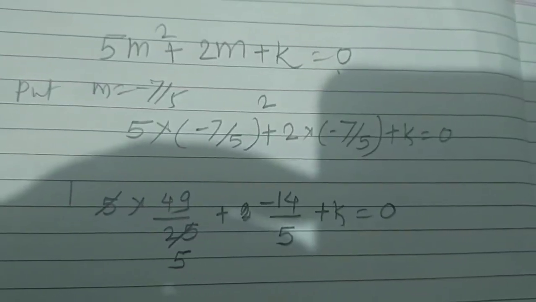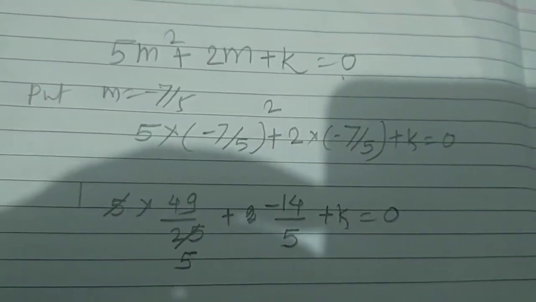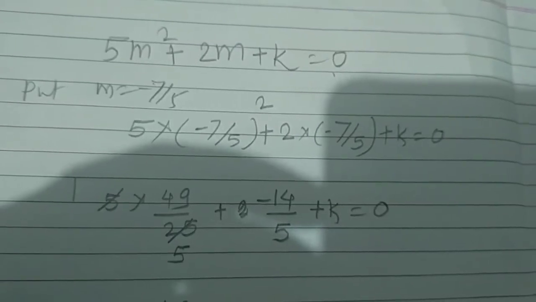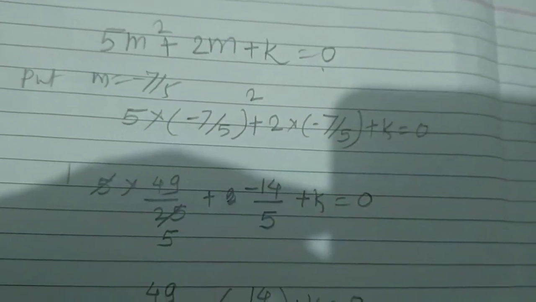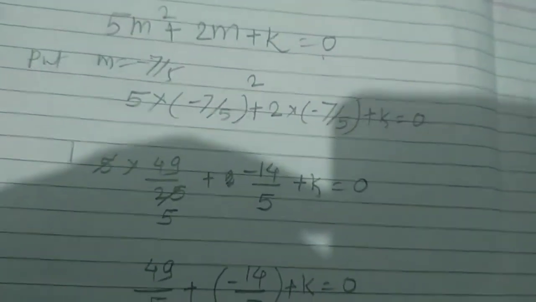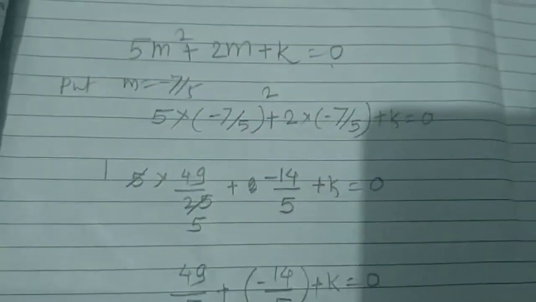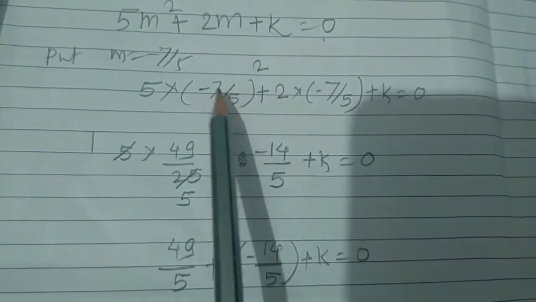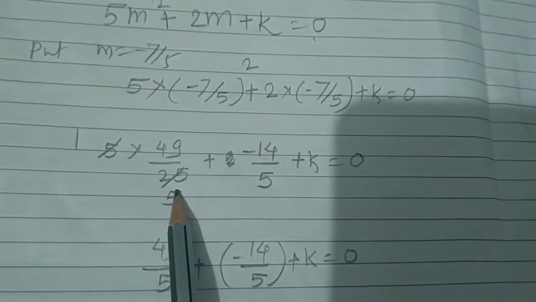In this equation, we are going to put the value of m is equal to minus 7/5. The equation becomes 5 into (minus 7/5) whole square plus 2 into minus 7/5 plus k is equal to 0. We know that the square of a negative number is always positive, and that's why here the square of minus 7/5 is plus 49/25.